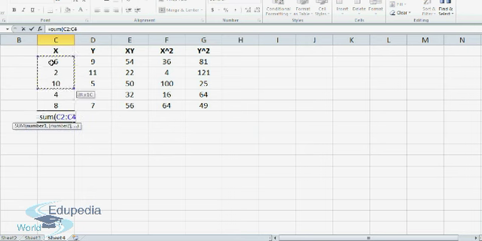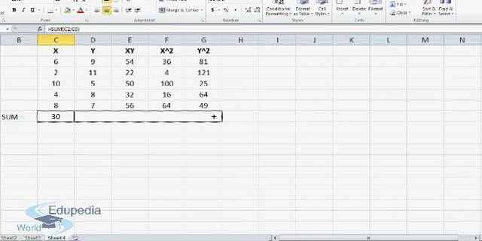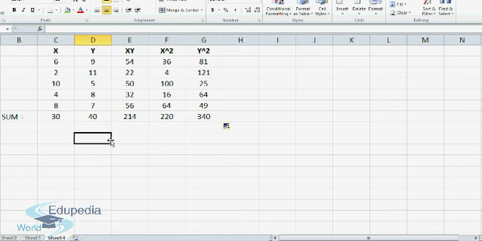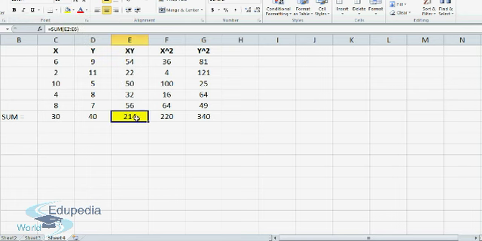We know the sum of x is 30 and y is 40. The rest of these we get here. Next, if you recall, the second form of the formula, in the numerator you have n multiplied by summation xi yi, minus summation x multiplied by summation y.